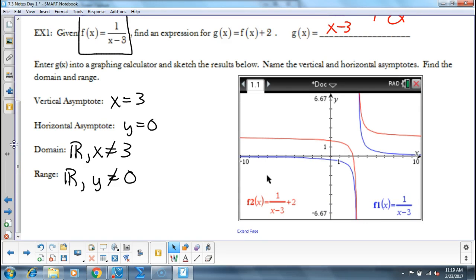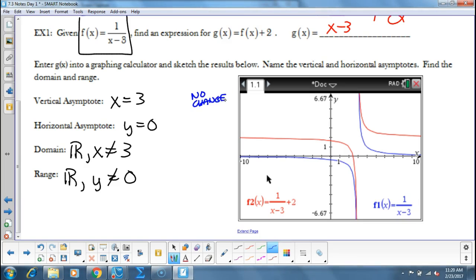So, vertical asymptote of the red. Still x equals 3. So this one didn't change. Horizontal asymptote of the red. So now that goes to y equals 2.